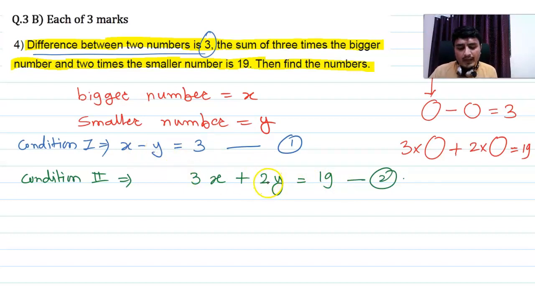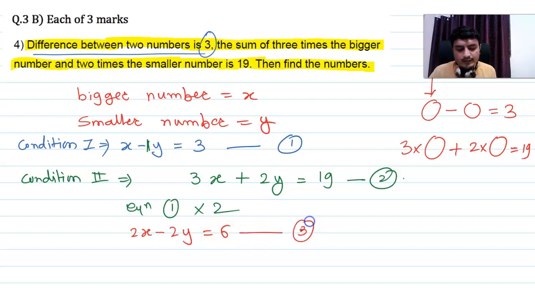So now make the coefficients of variable y identical. 1 into 2 is 2, so try to multiply equation 1 by 2. We now get equation 1 of the form 2 into x is 2x, minus 1 into 2 is minus 2y, equals 3 twos are 6, call it equation number 3.